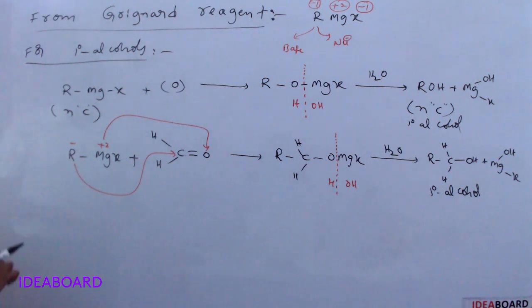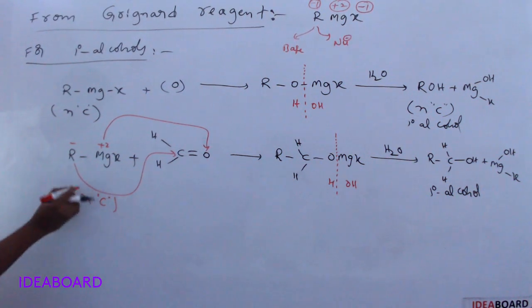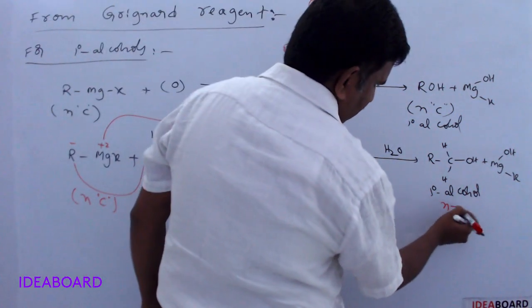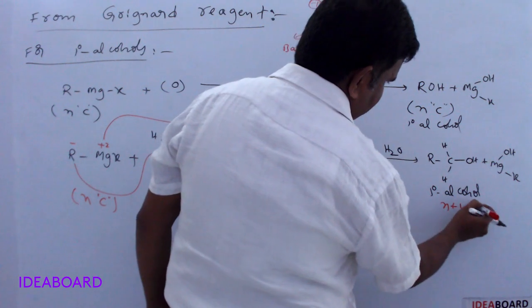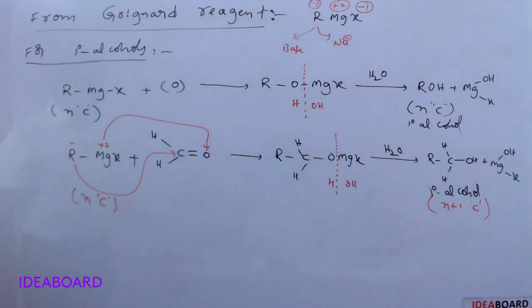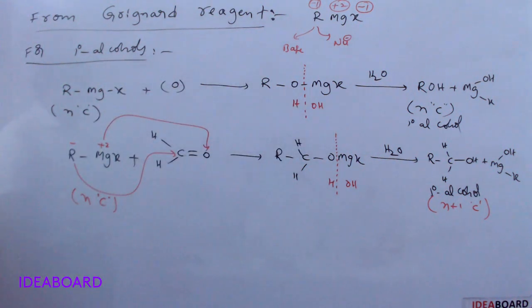But if you see here, n number of carbon atoms is present in the reactant and here we have n plus 1 carbon atoms. The number of carbons increased, so more carbon-containing alcohol is formed, but it is also a primary alcohol.